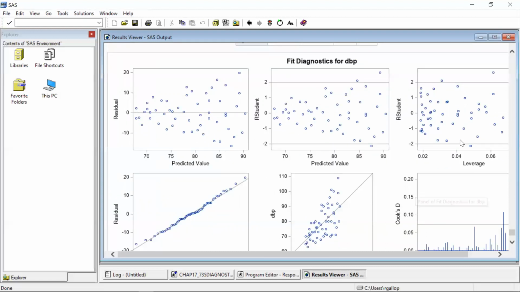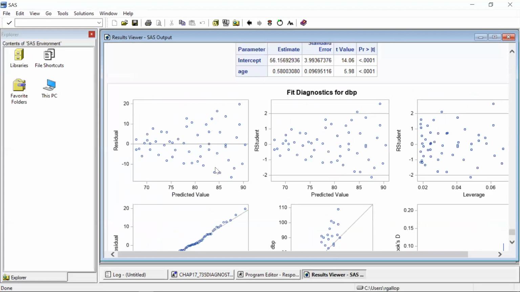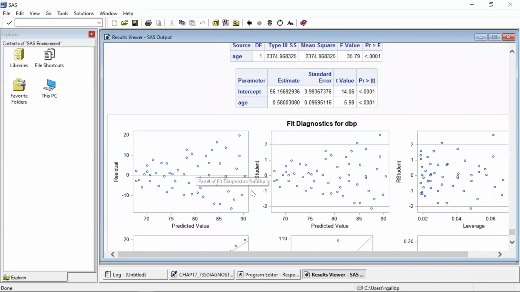Maybe a couple of outliers, but normality doesn't look that bad, but it looks like we have a little funneling out. Highly significant relationship, R squared of 0.4, right? So you're talking about probably a correlation of 0.62 or something like that. So a really strong relationship between age and diastolic blood pressure, but we see this funneling out.